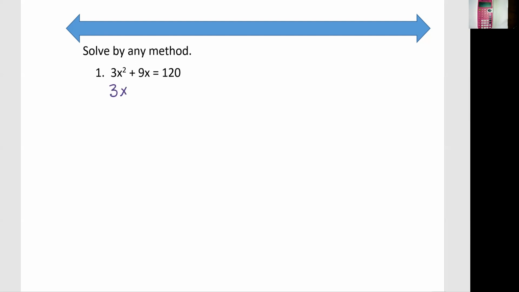we need to get it equal to 0. I'm going to solve by factoring. I can divide both sides by 3, so it's gone.